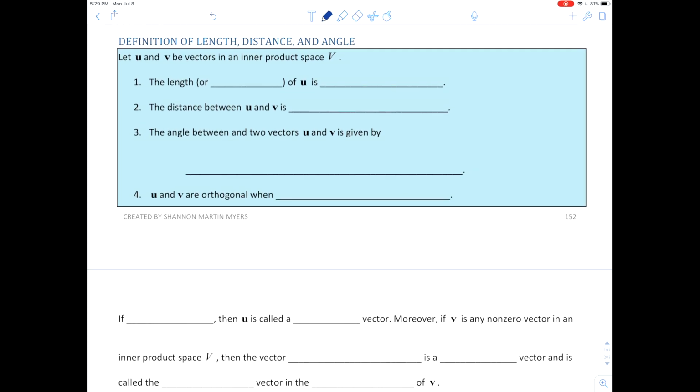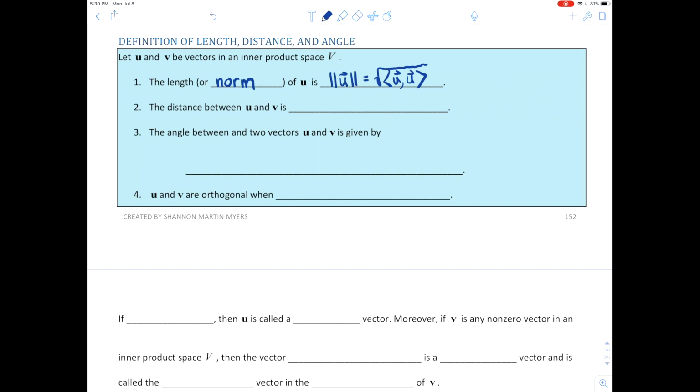So, definition of length, distance, and angle. The length or norm or magnitude of u is equal to the square root of the inner product of u with itself.